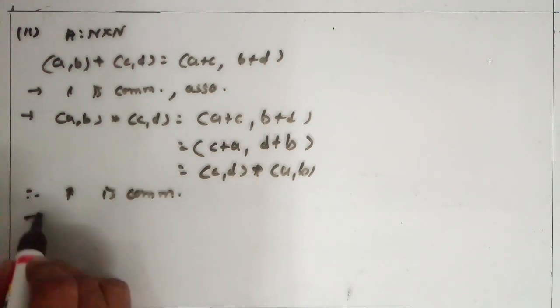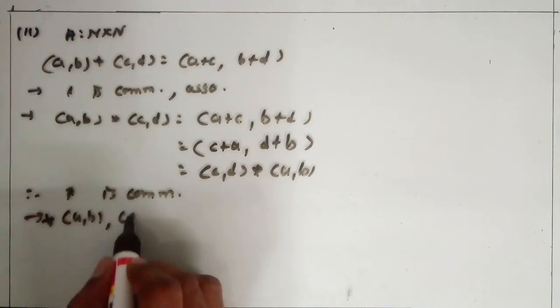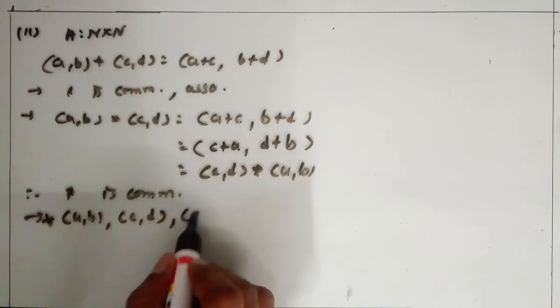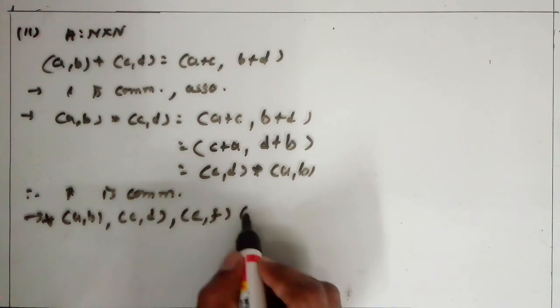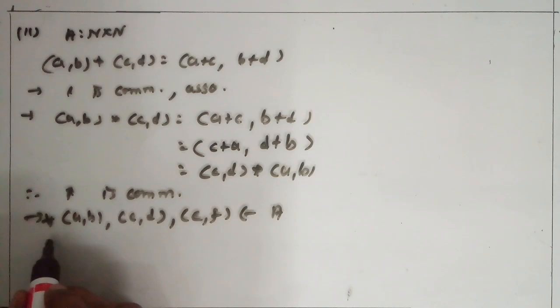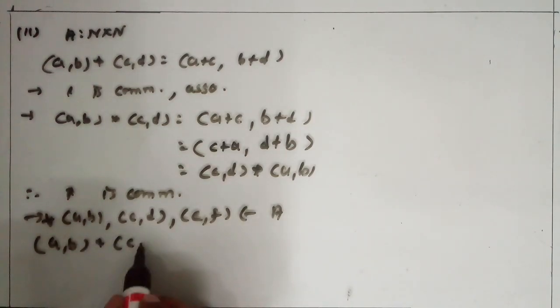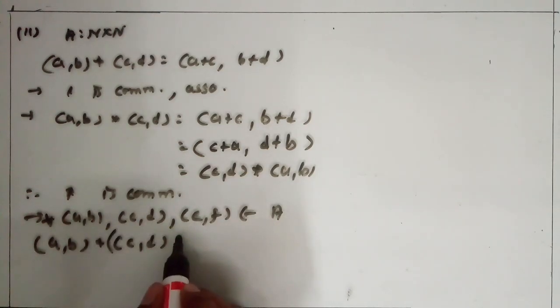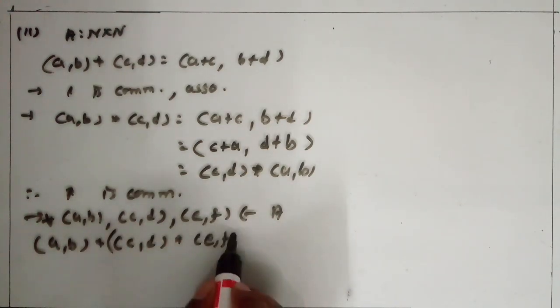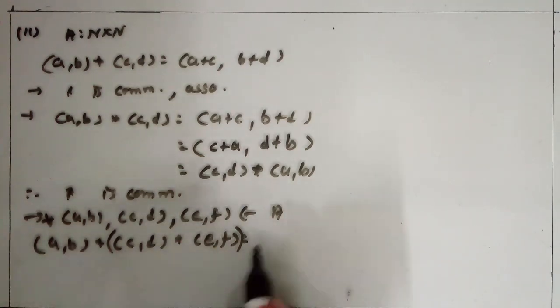Now for associative, for all (A, B), (C, D) and (E, F) belongs to N cross N, (A, B) star (C, D) star (E, F) is equal to, first get the star operation for these two elements.